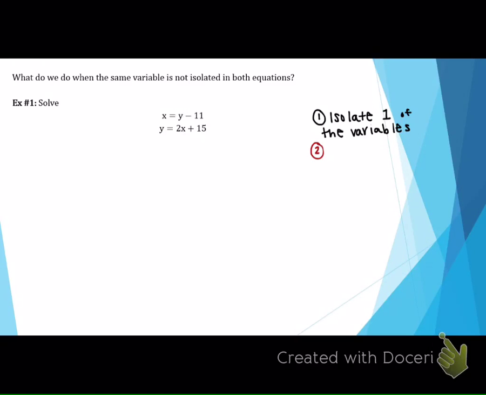So at this point, once you have a variable isolated, you replace the same variable in the other equation with the equivalent expression. So we'll talk about what that means right now. So I'll let you write that down and then we'll do that.